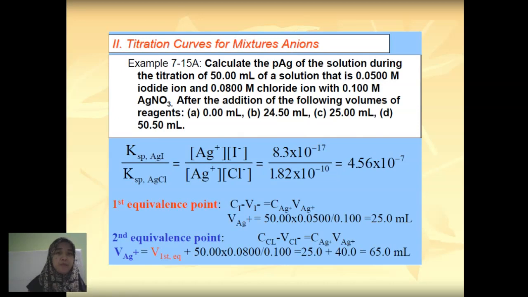So what if there are mixtures of anions? Here is an example. Calculate the pAg of the solution during the titration of 50 ml of a solution that is 0.05 molar iodide ion and 0.08 molar chloride ion with 0.1 molar silver nitrate, after the addition of the following volumes of reagent: 0, 24.5, 25 and 50.5 ml.